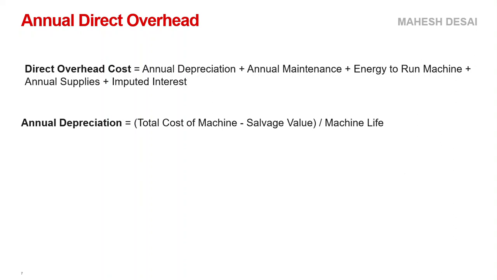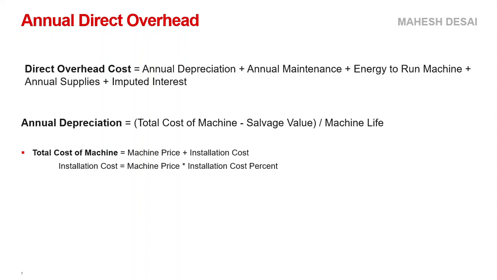Now, what about the total cost of the machine? Total cost of the machine is machine price plus installation cost. Installation cost is a small percentage of the machine price. The addition of installation cost and machine price gives the total cost of the machine.